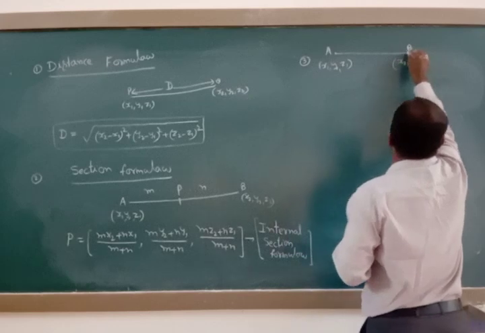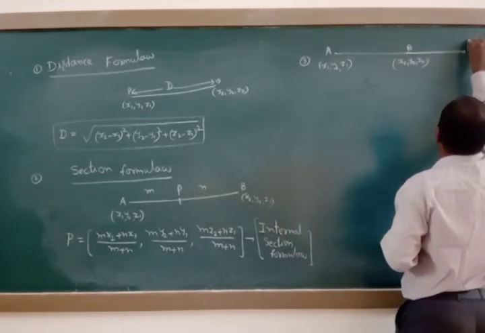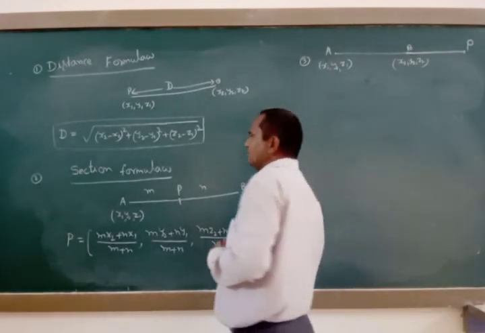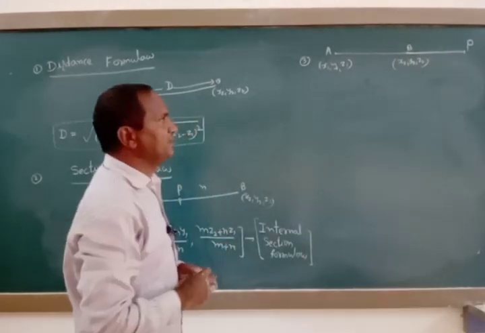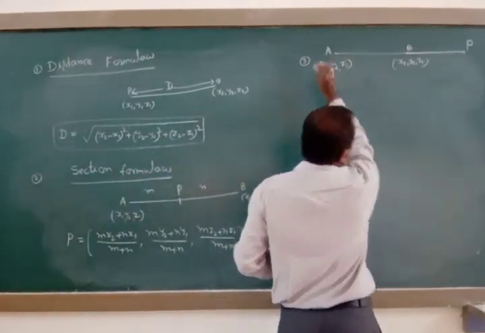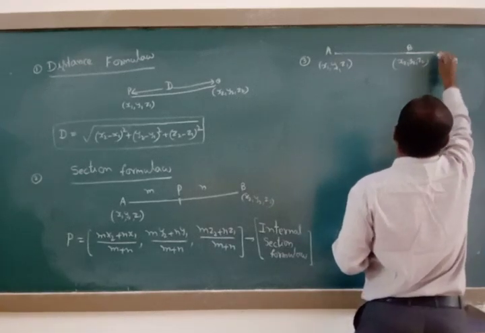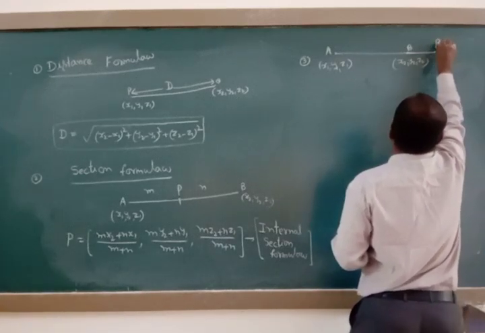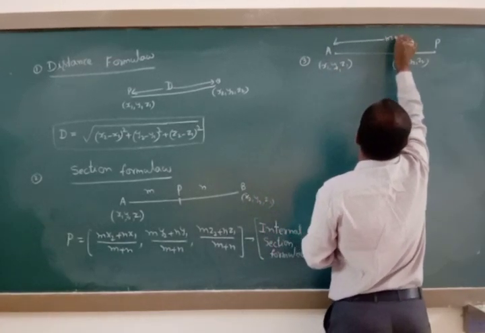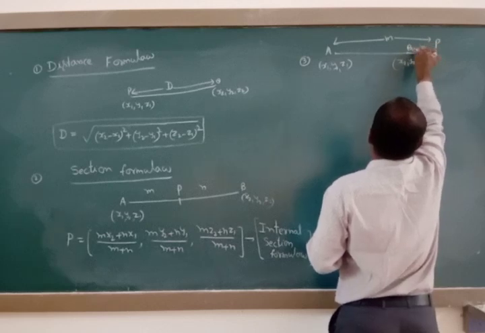But the division point comes from outside. Consider P here, the outside P. From outside, the division point P divides the line segment AB. Consider A to P as m parts and B to P as n parts.